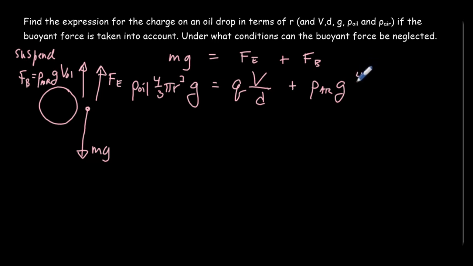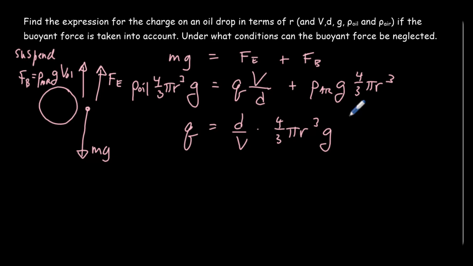So that will also be 4/3 pi r cubed. So if we rearrange that for q, we get d over v times 4/3 pi r cubed g. We're common factoring out that term. And then you'll have the difference in the two densities, the density of oil minus the density of air.